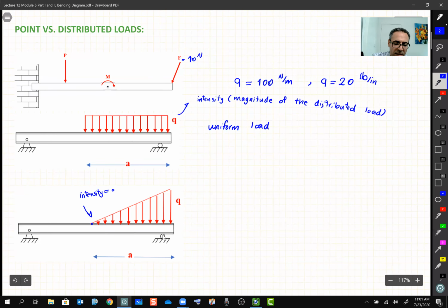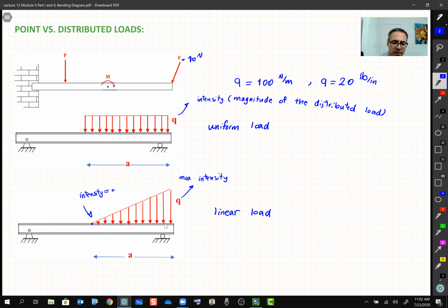It linearly goes up to get to this maximum intensity, right? So this one is called linear load, or some people call it a triangular shaped load, okay?